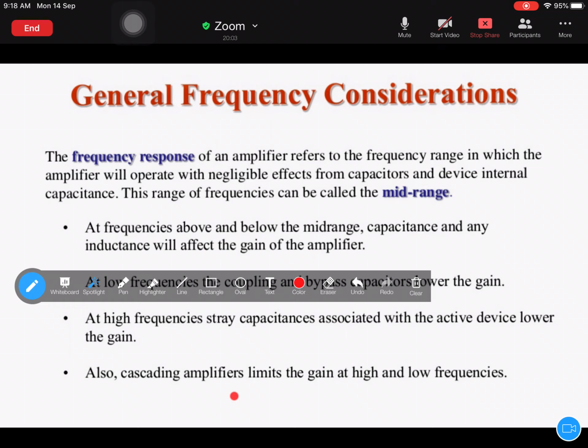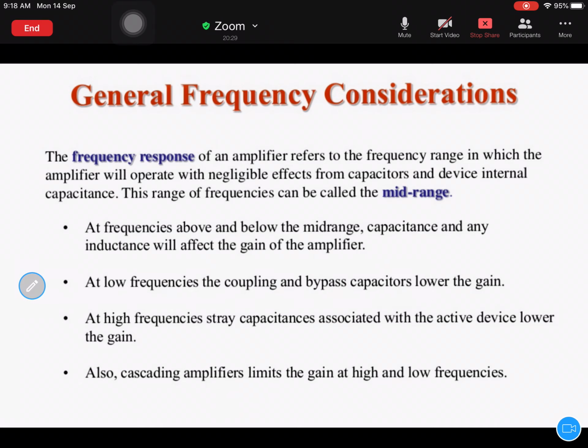What are multi-stage amplifiers? Nothing but two or more amplifiers connected in series. Whenever a gain is given by the first stage, that is taken as an input for the second stage, and the second stage will again try to further increase the gain. Like that, depending on the number of stages, you will get more gain at the end.